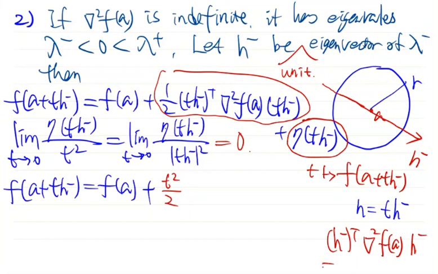This is nothing but lambda minus times the norm of h minus square.